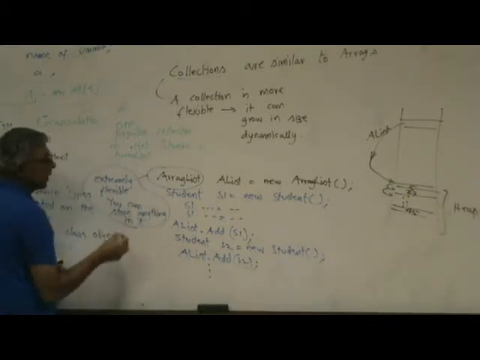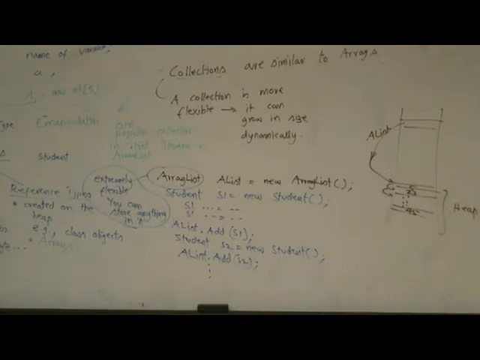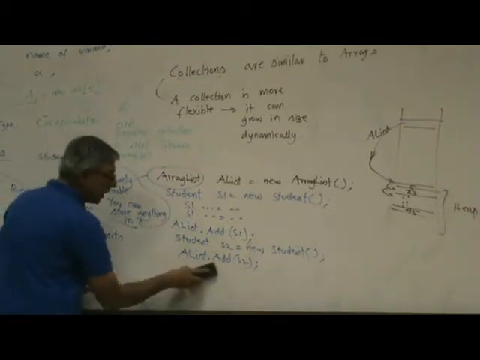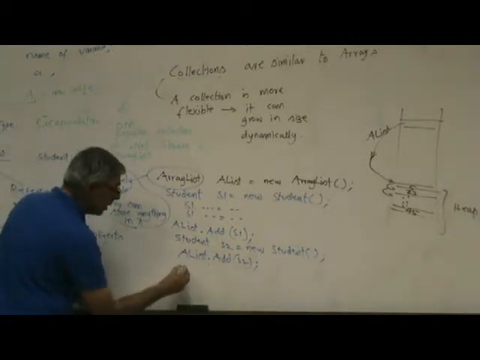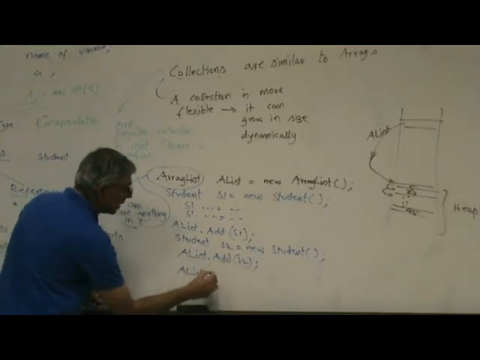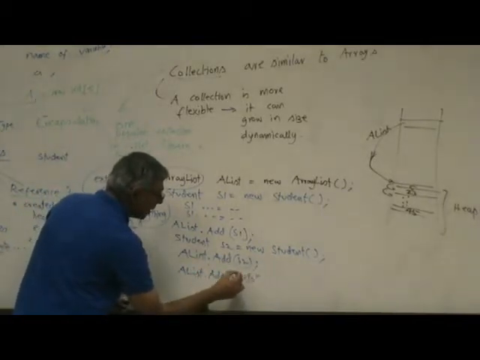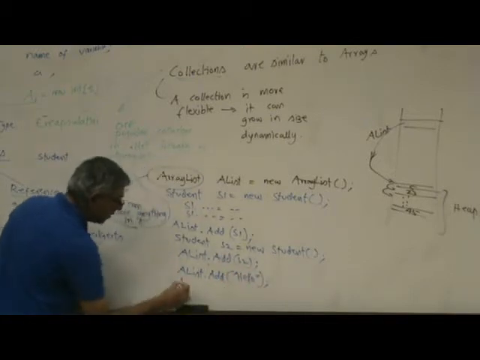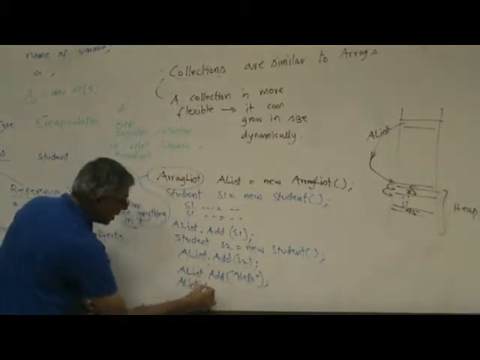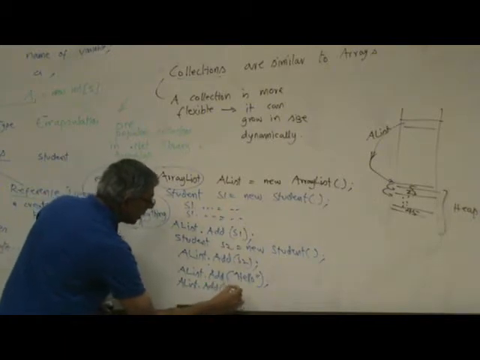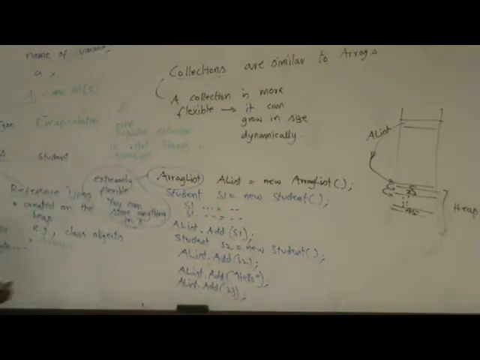Meaning, you can store a value type, you can store a reference type, you can store a student in it, you can store a number in it. So for example, in the same list later on, you can say a list.add hello, for example. You can do a list.add 23, for example.